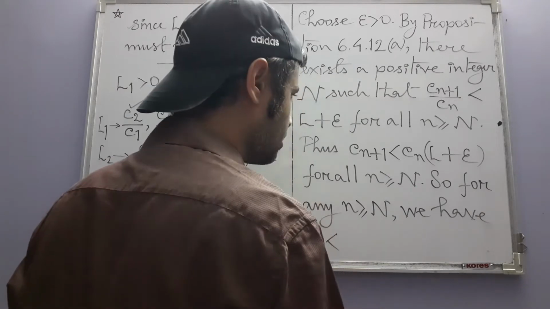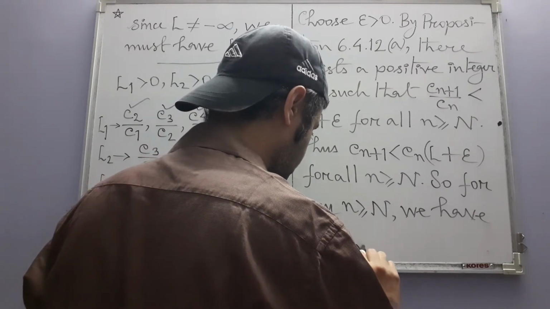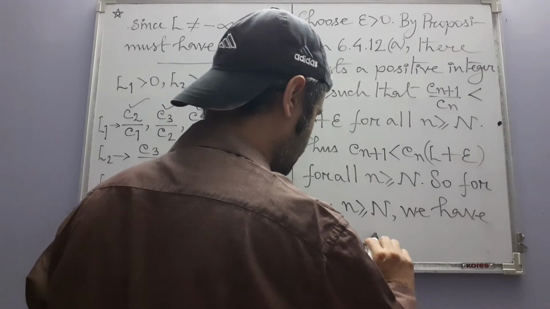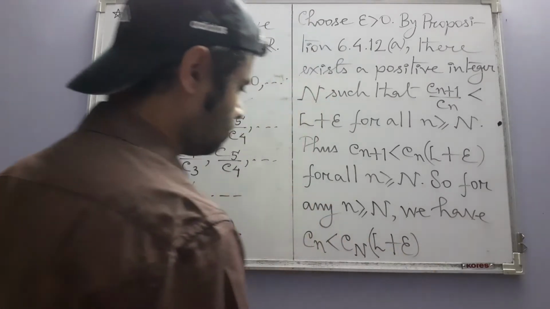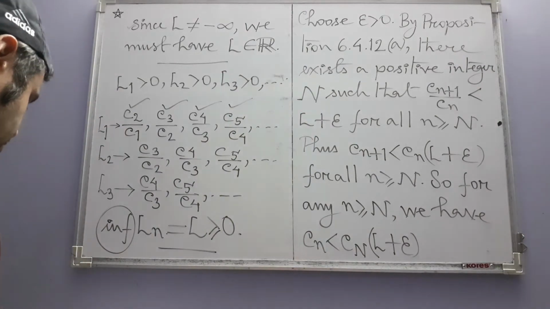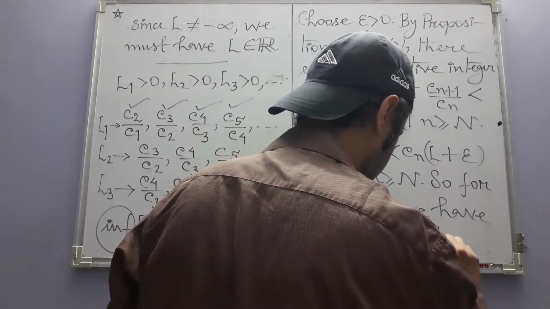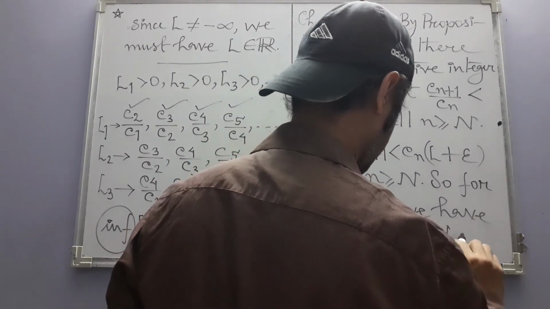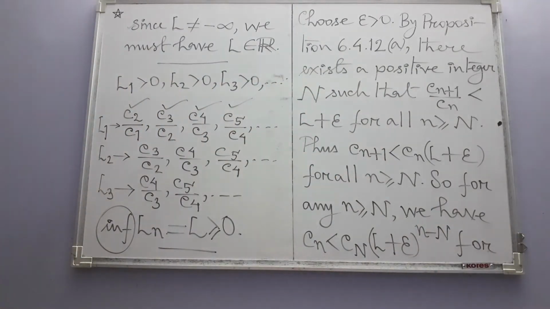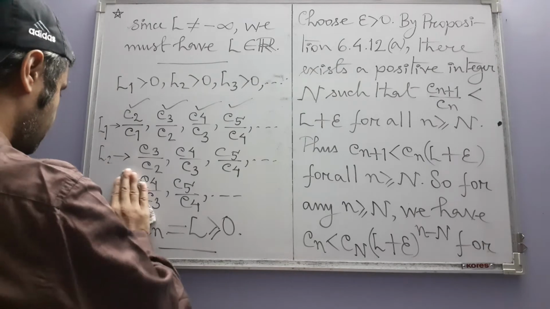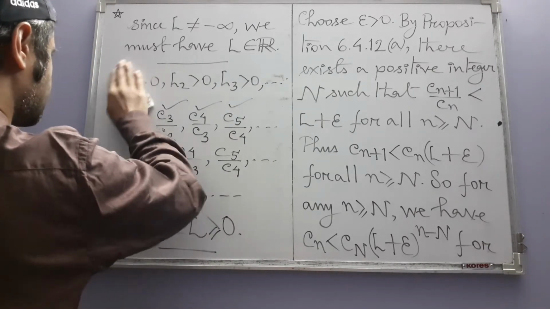Cn is strictly less than C capital N times a power of L plus epsilon, which is not necessarily the first power, but rather it's this, for all n greater than or equal to capital N. But then again the question is how?